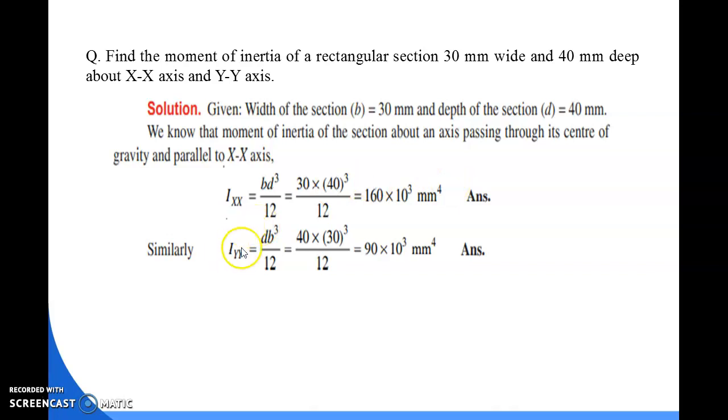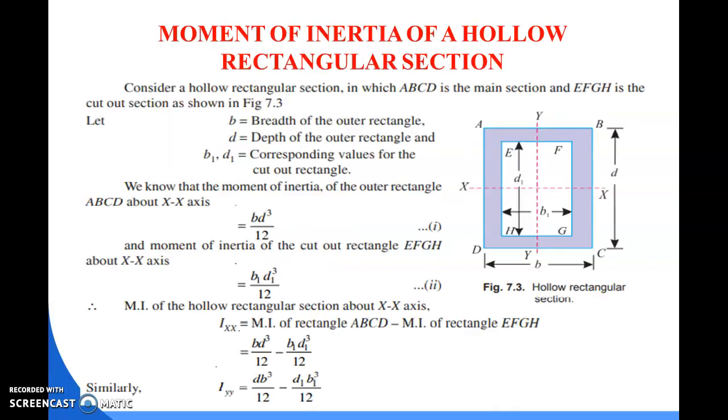Similarly, along the y-y axis, the moment of inertia formula will be db cube by 12, where the d value is 40 and the b value is 30. By putting the values, we have the answer 90 into 10 to the power 3 mm to the power 4. So this is all about the moment of inertia of a rectangular section.